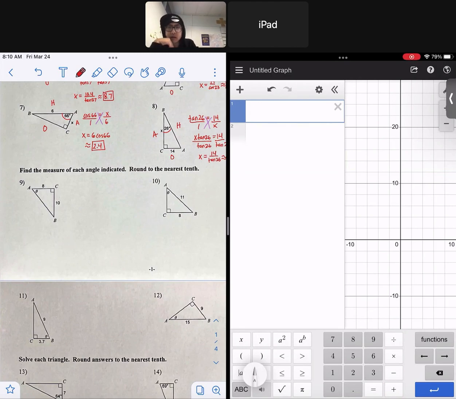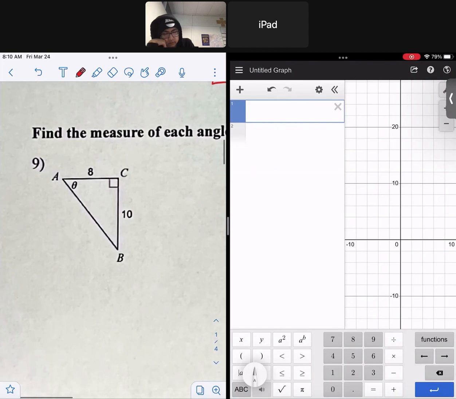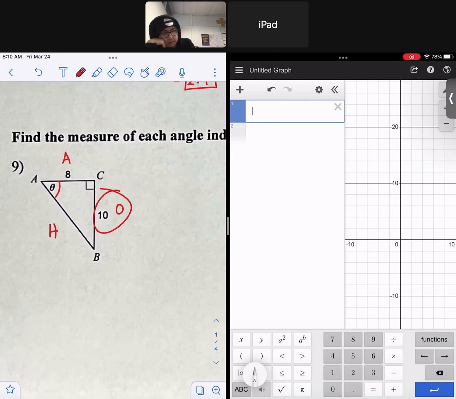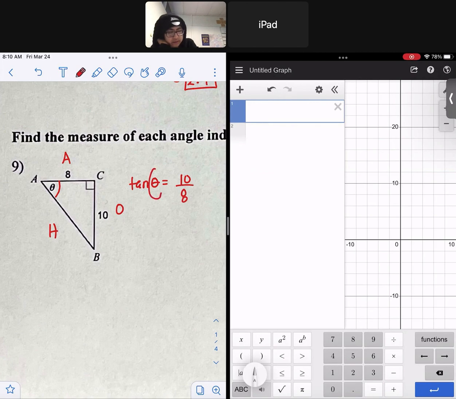So, number 9. Okay, in the perspective of this angle, we have the opposite, hypotenuse, and adjacent. So we have information at opposite and adjacent, so this is tan theta equals opposite over adjacent. Now we're trying to isolate our theta, so we need to get rid of this tan word.